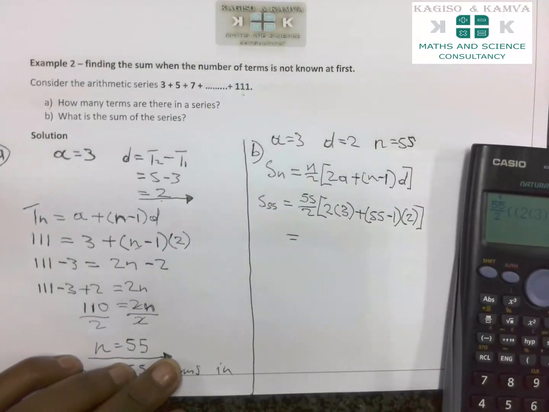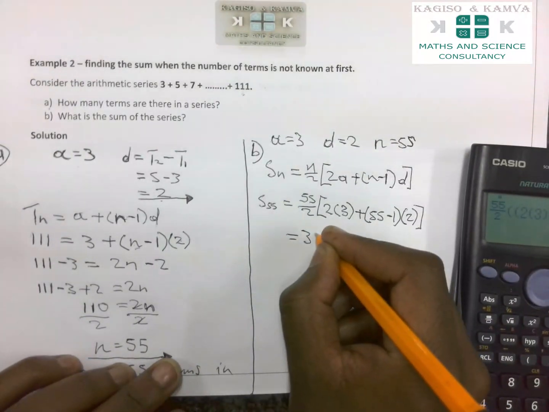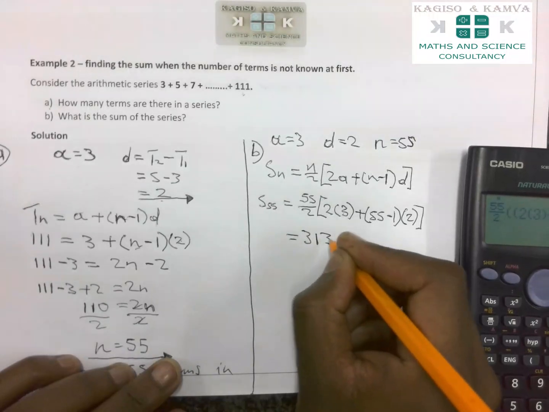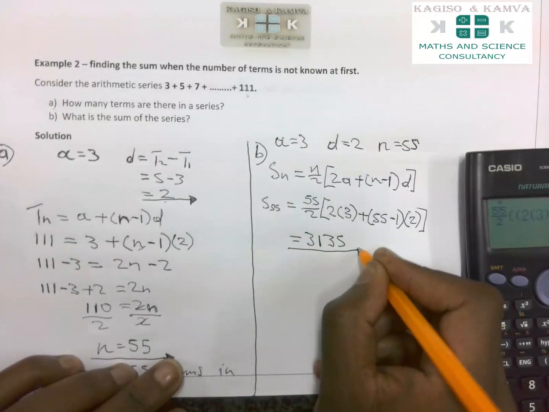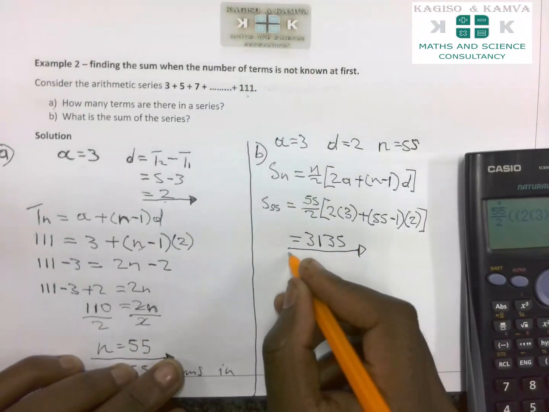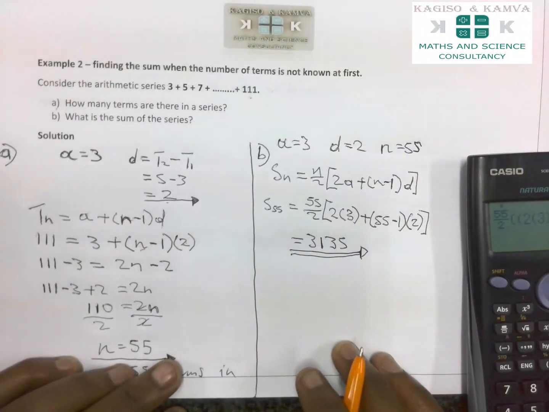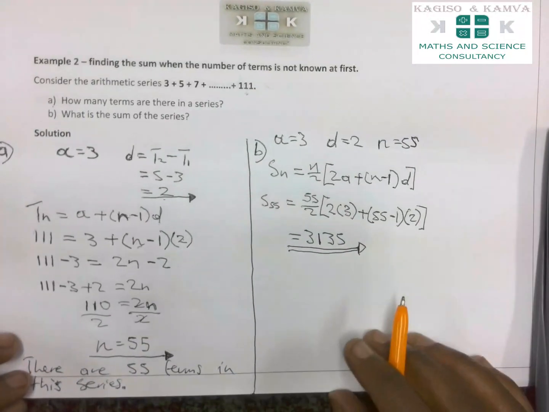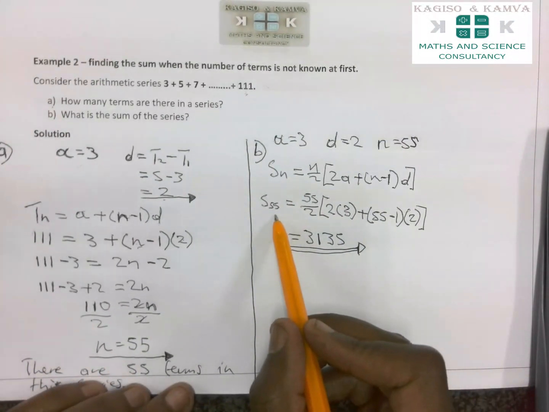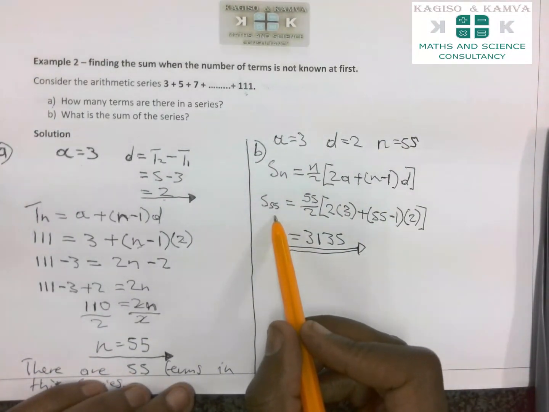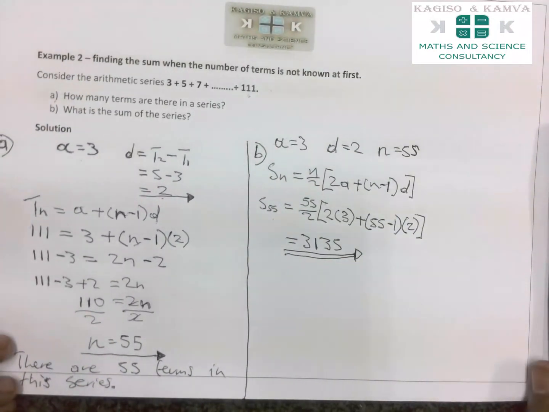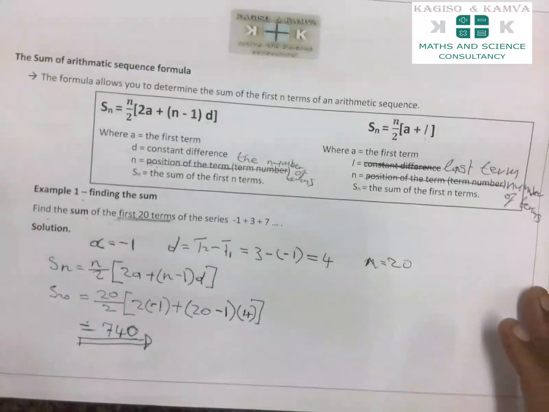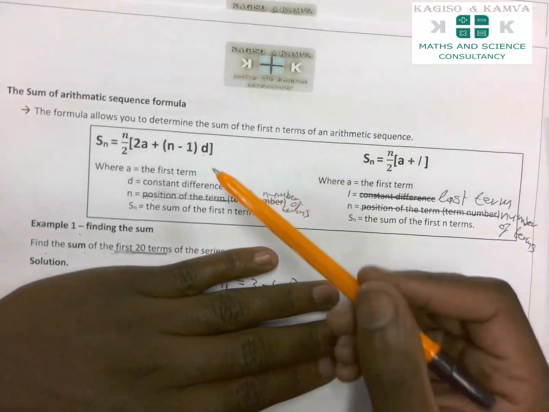That will be 3,135. That will be the sum of the 55 terms.